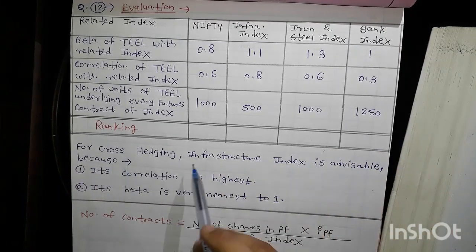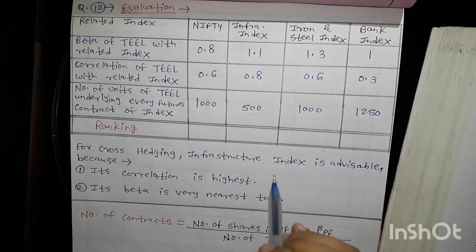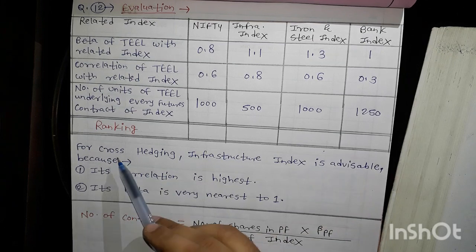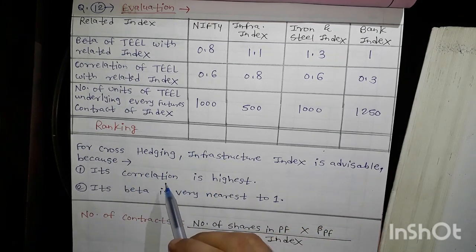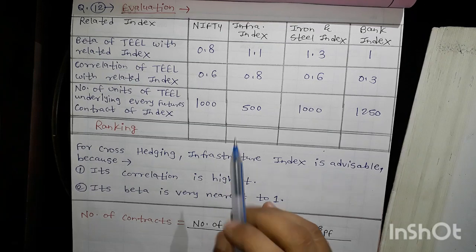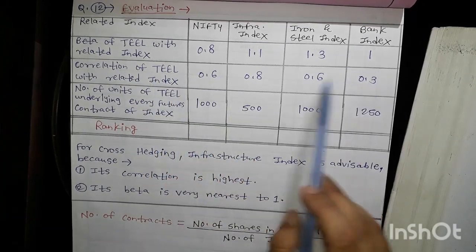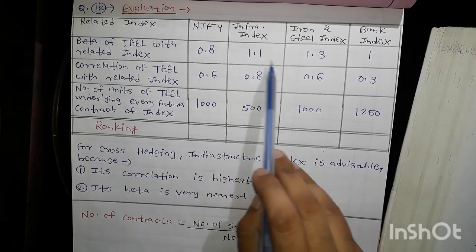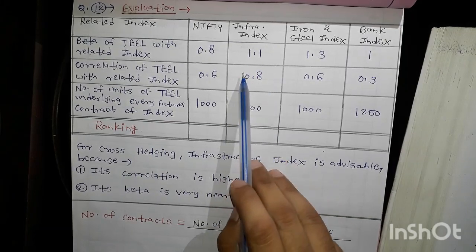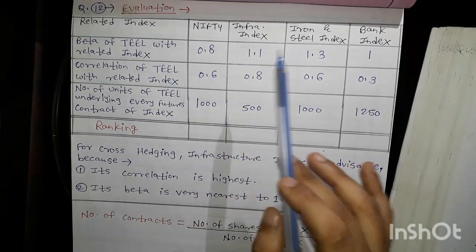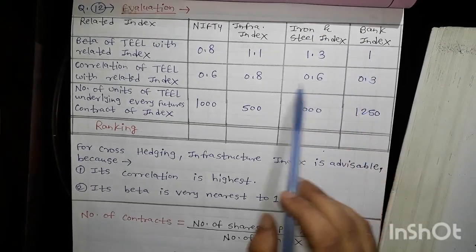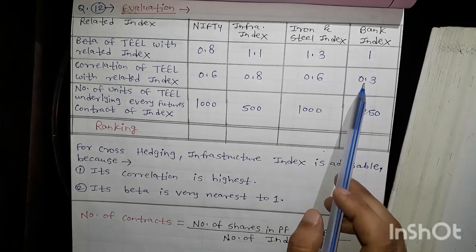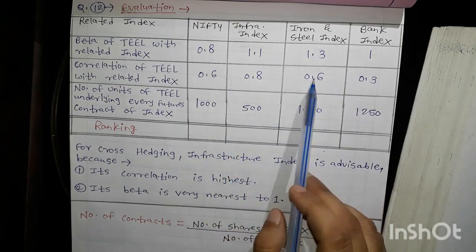Okay, see, for cross hedging the infrastructure index is advisable. Why? Because we are going to check its correlation, and correlation must be highest. Correlation is highest in the case of the infrastructure index. Bharat Investment Limited was taking the iron and steel or the bank index, but here the correlation is too low, and here it is at second rank.